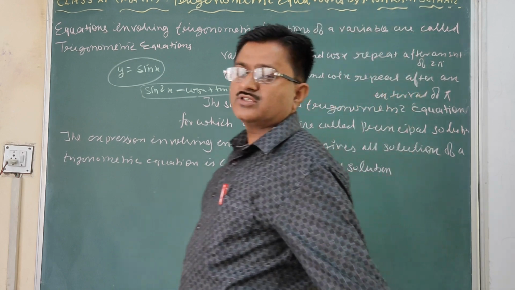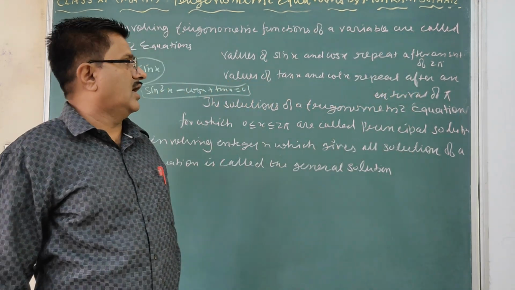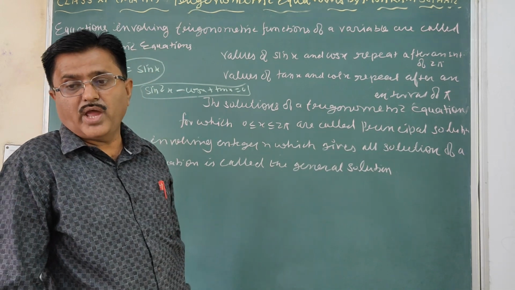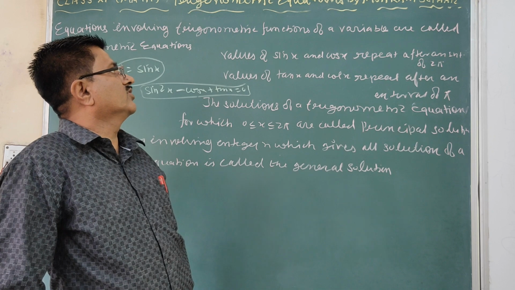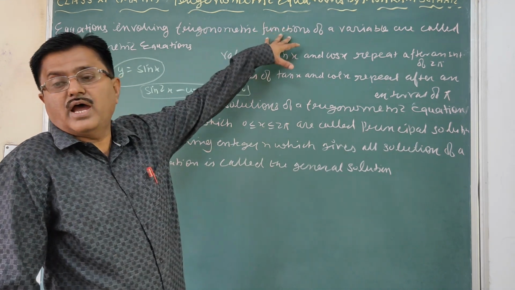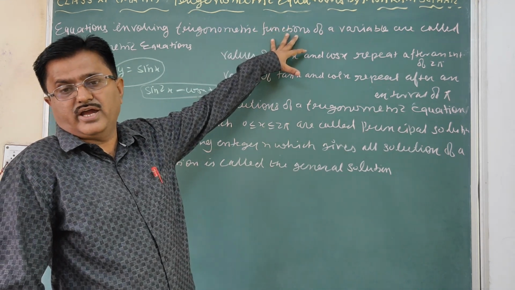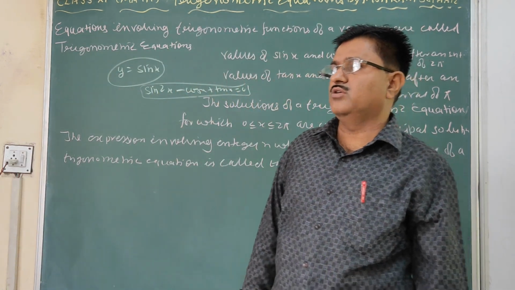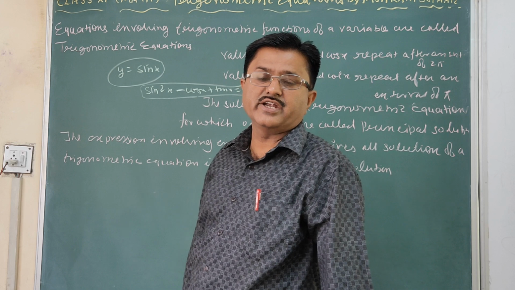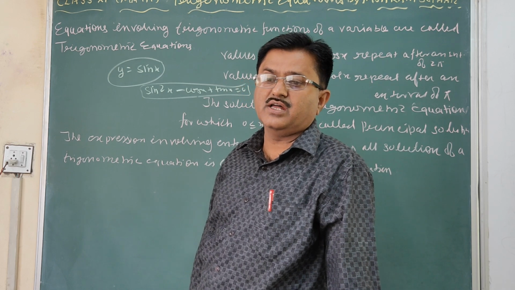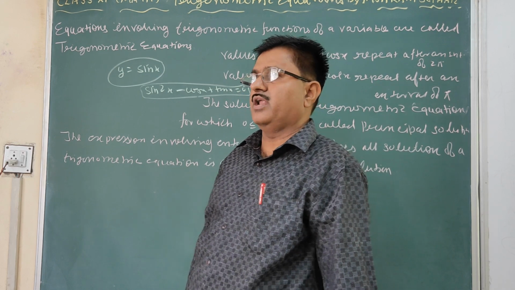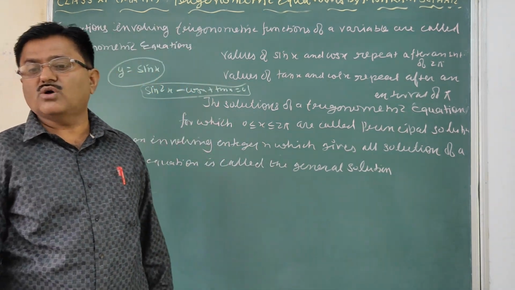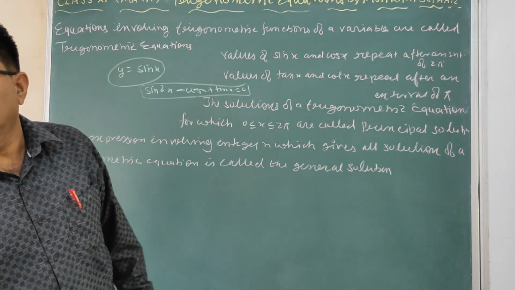As you have seen up to this level, the equation has only one type of solution. But when we move further, like with trigonometric functions, we have two types of solution. And you know the meaning of the solution of an equation: the value of the variable which satisfies the given equation, or which makes the left hand side equal to the right hand side, is known as the solution of the equation.